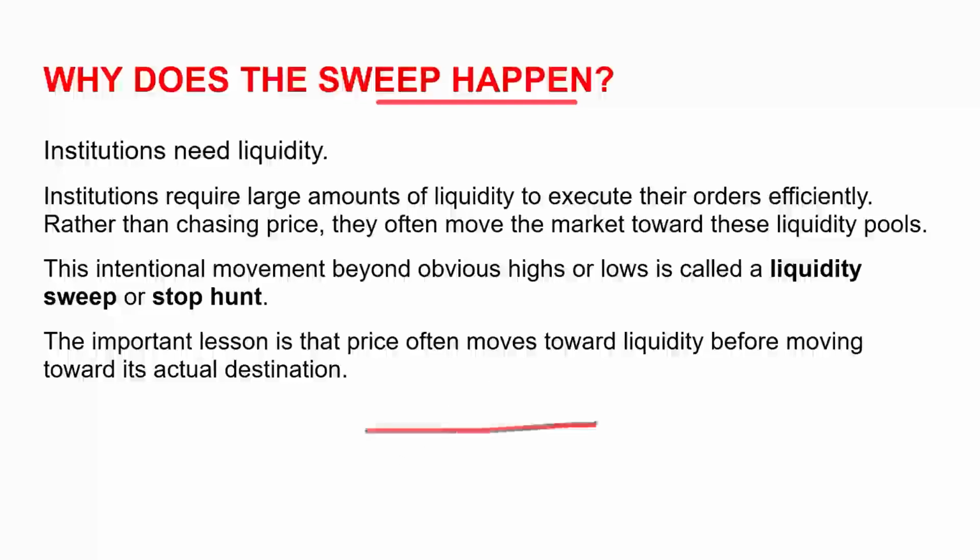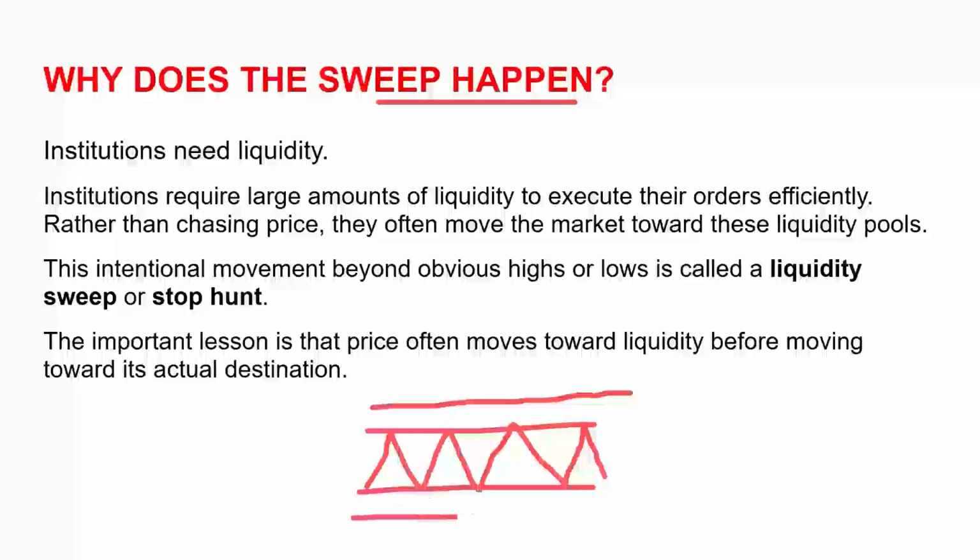So let's say this is the Asian session. I'm going to show you an example, and we have some diagrams in the next slide. Liquidity is up here or down here, depending on the position of the market. We have pending orders here and also pending orders here. The orders down here are stop losses of people who are looking to sell.